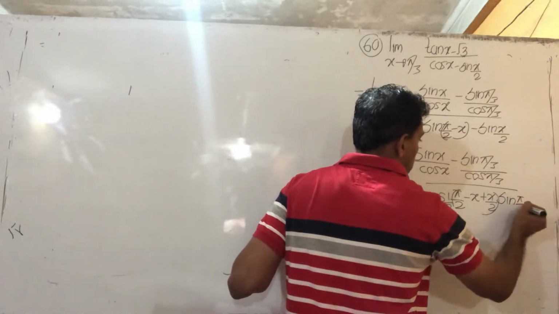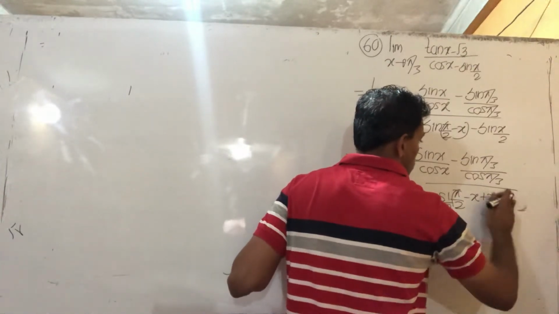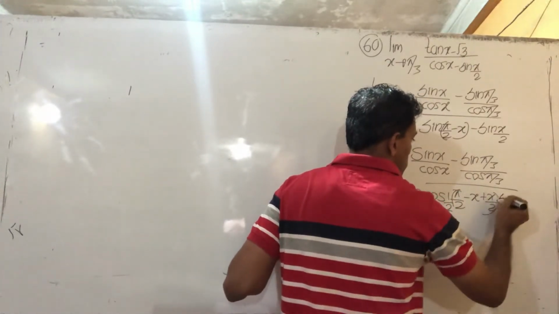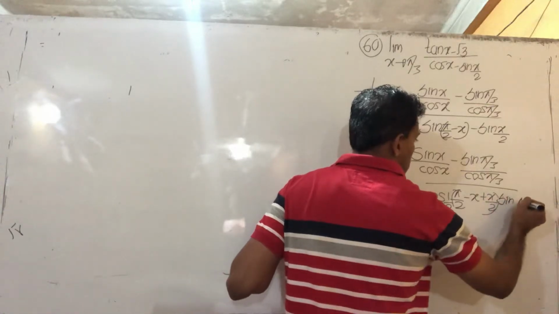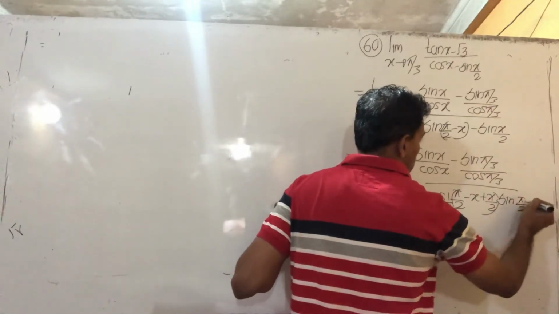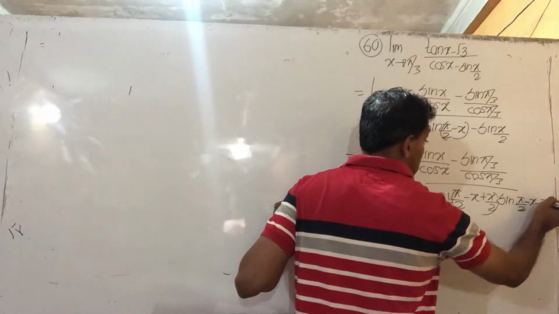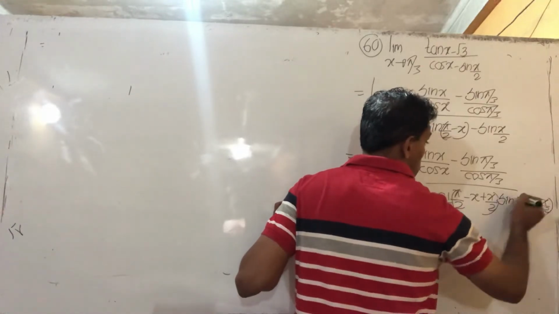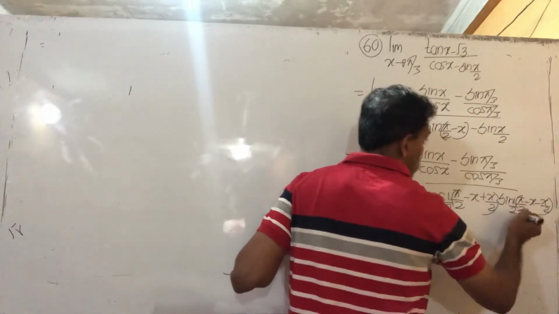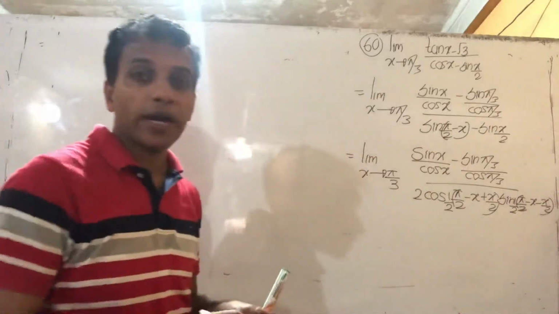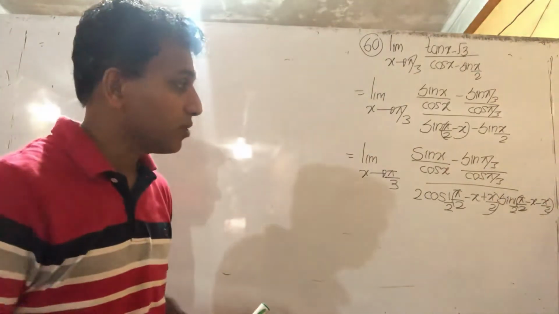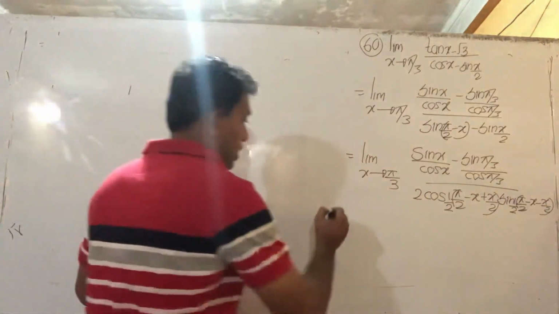Subtract pi by 2: sine pi by 2 minus x by 2, half divide by 2. Refer to your sine c minus sine d pattern.